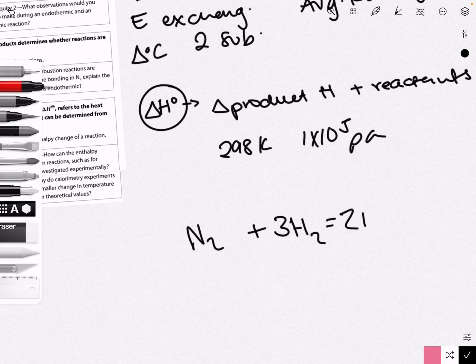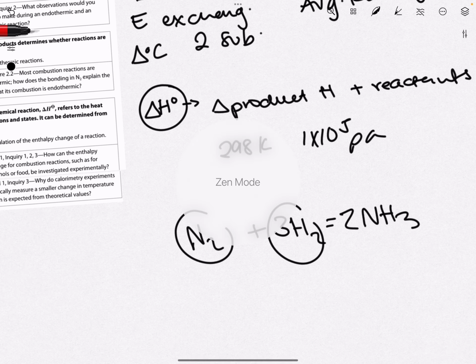fertilizer. Right here we've got nitrogen and hydrogen to make ammonia, and we are forming bonds between the nitrogen atoms and the hydrogen atoms.